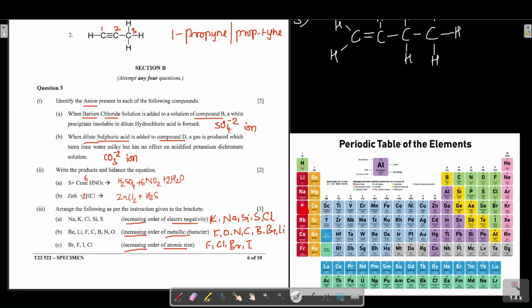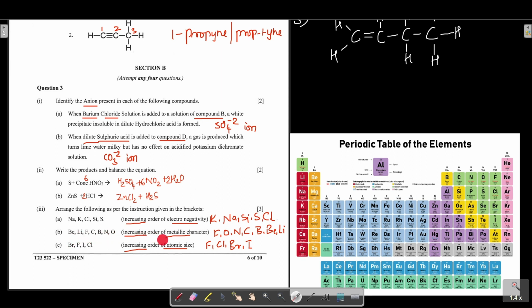So potassium is less electronegative than sodium. Remaining, if you check chlorine, silicon, sulfur, they will come in the same period as sodium. So across the period, what happens to electronegativity? It increases. So therefore, potassium, sodium, silicon, sulfur, chlorine. This is the increasing order of electronegativity. Come to the second one. 1, 2, 3, 4, 5, 6, 7.